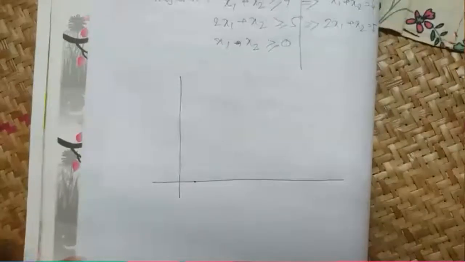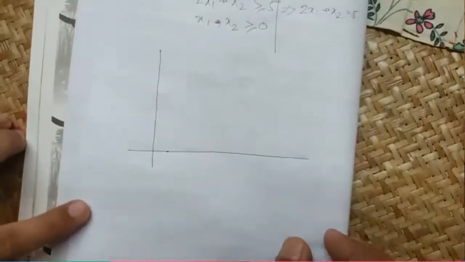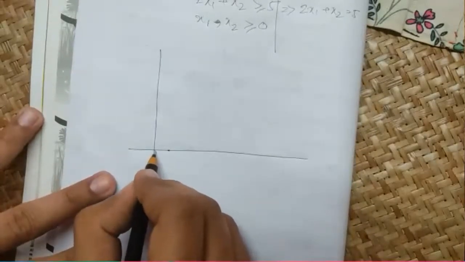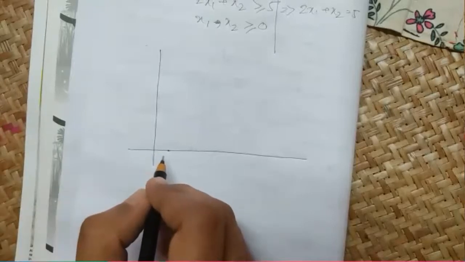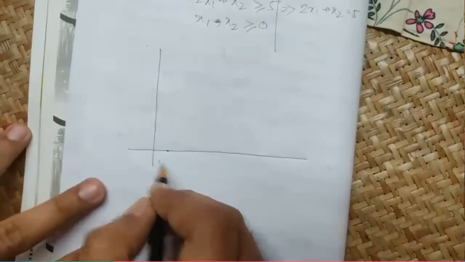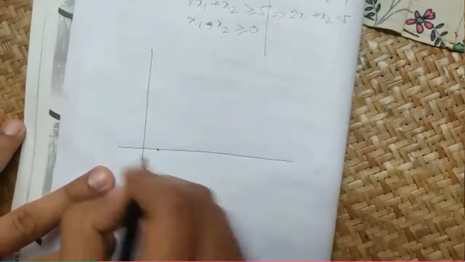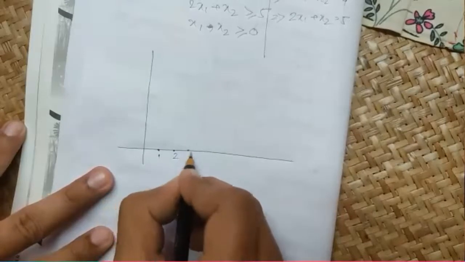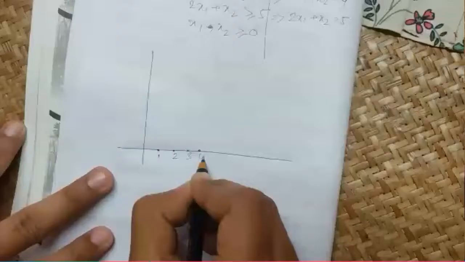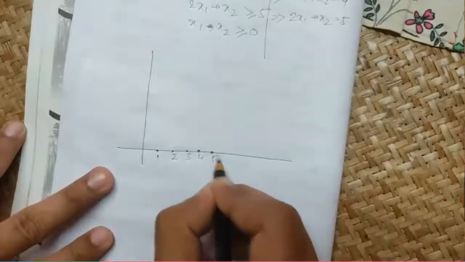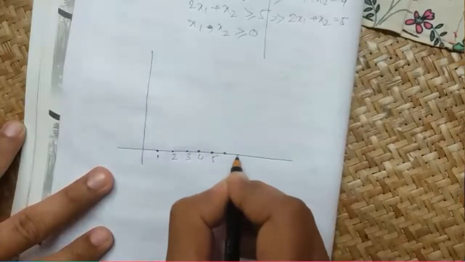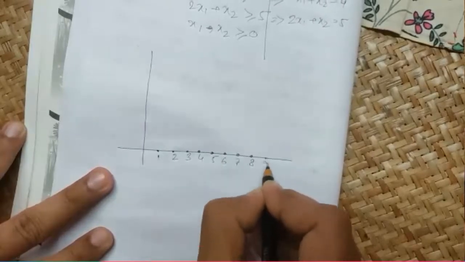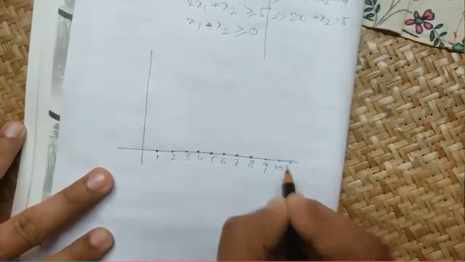So I am just giving you the procedure. You remember me when you do it. You take a ruler and draw, each small unit in the reference lines should be of 1 centimeter. 1 centimeter will be 1 unit. So if this is 1, this is 2, this is 3, this is 4, this is 5, this is 6, this is 7, this is 8, 9, and 10, and so on.